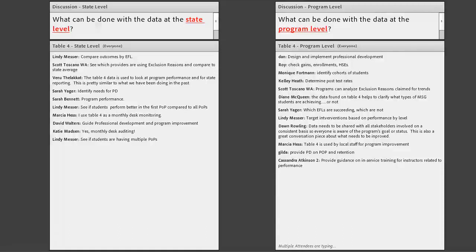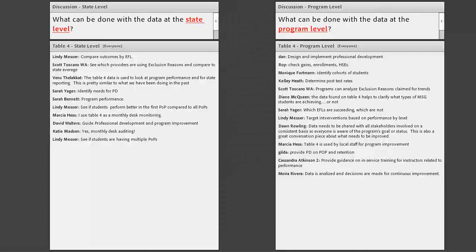No, I think the main idea behind this was so we could look separately at gains achieved through EFL levels, pre and post testing, and cohort gains and entry into secondary with a secondary school diploma. So we wanted to break that out separately, and that's the main purpose of the table. And yes, it can be used for all these other things.